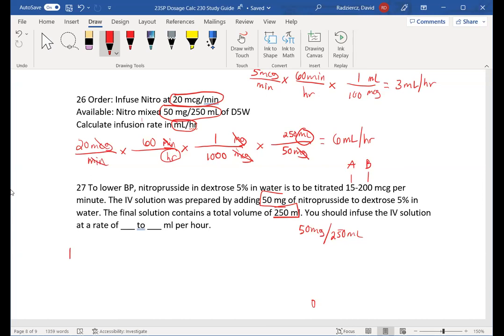So now we can do some math. I'm going to take my 15 micrograms per minute. So it's my start. I'm going to do what I did exactly above here. I'm going to convert minutes to hours. Then I'm going to convert micrograms to milligrams. Then I'm going to convert milligrams to milliliters.